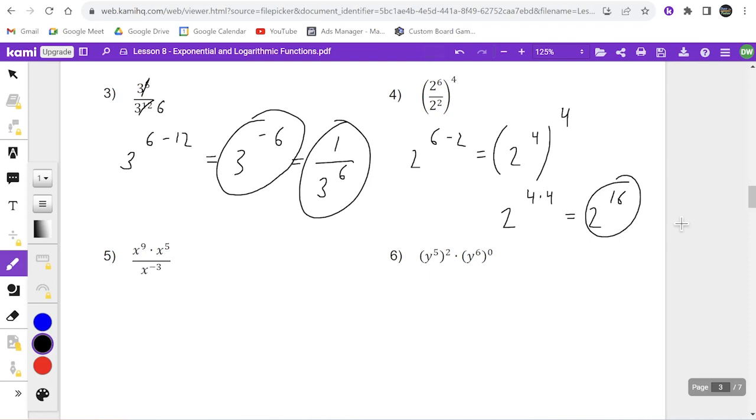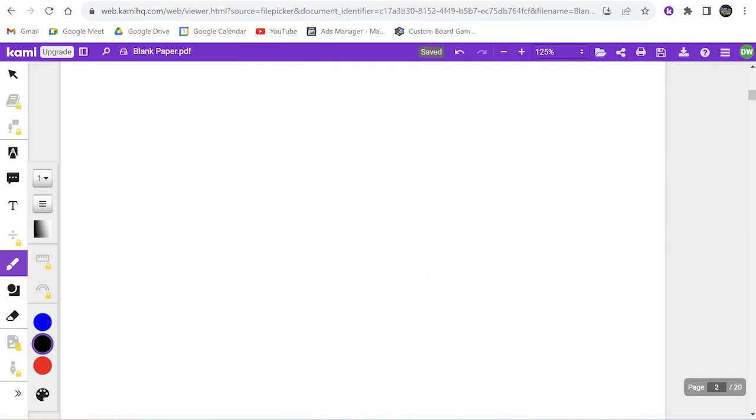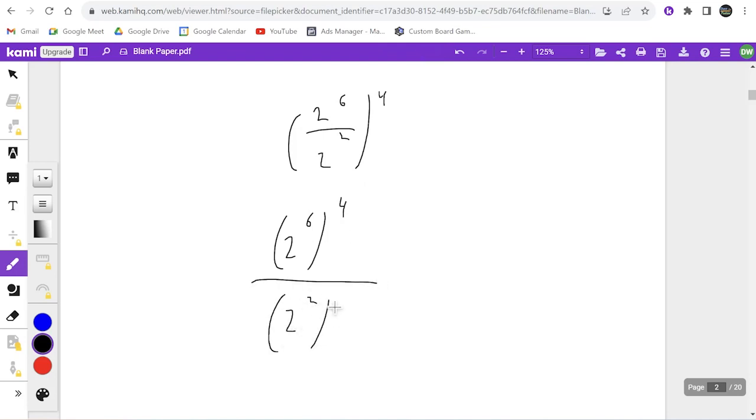Now, as I mentioned, there's two ways to do number 4. The second way, let me just rewrite it. The second way is to apply the 4th power to both right from the start. So in other words, it would be 2 to the 6th to the 4th divided by 2 squared to the 4th. And here you'd multiply the powers. So numerator, 2 to the 24th power divided by 2 to the 8th power.